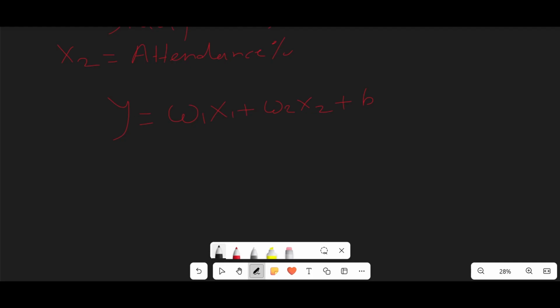And let us consider the weightage for x1, weight 1, is 8. The weightage for x2 is 0.5. After solving this problem, you can easily understand how weight and bias work. And let us consider bias is 10.